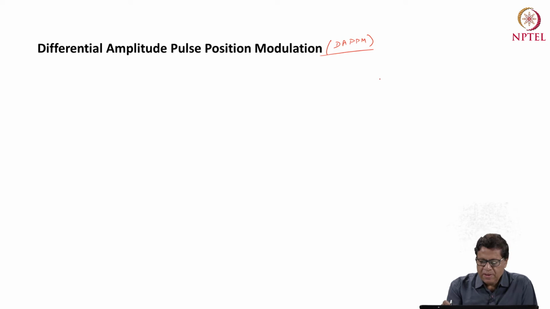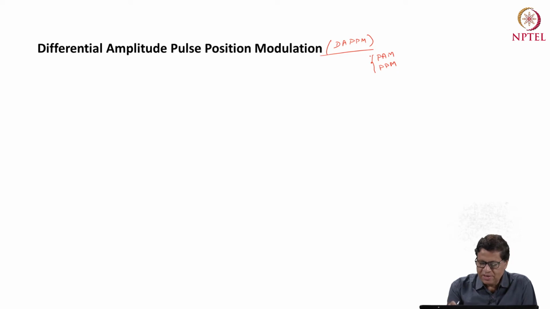DAPPM is actually a combination of two modulation schemes, PAM and PPM. We'll see the advantage of such a scheme. So DAPPM is a combination of pulse amplitude modulation and pulse position modulation.